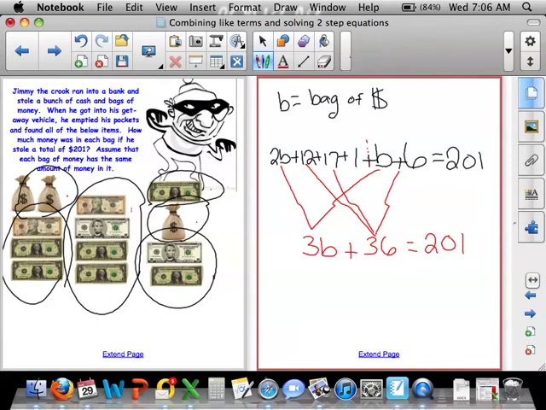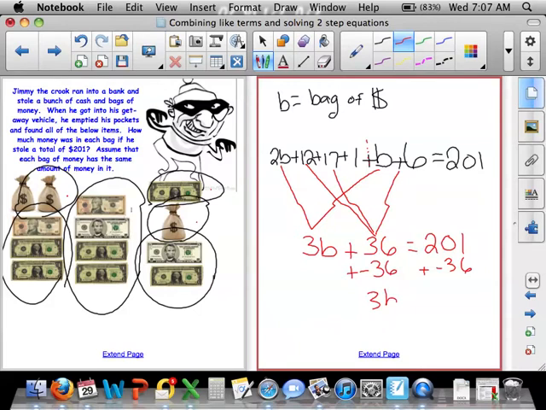So we can solve that exactly the way we know how, by starting with adding the opposite of the addend to both sides of the equation. We're left with just three bags of money on the left side of the equation. And $165 on the right side. So now we don't care about three bags of money, we care about one bag of money.